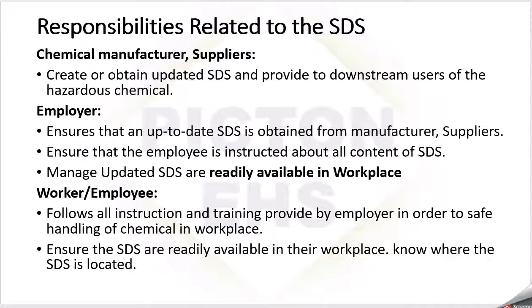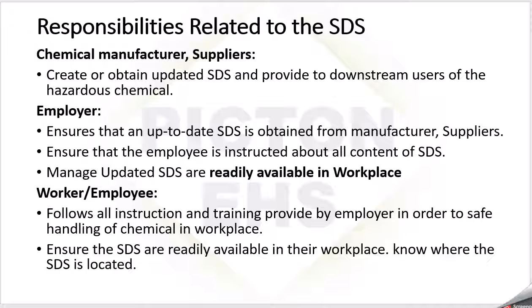And what is the responsibility of the employer? The employer should ensure that an up-to-date SDS is obtained from the manufacturer and supplier, ensure that the employee is instructed about all content of the SDS, and make sure updated SDSs are readily available in the workplace.